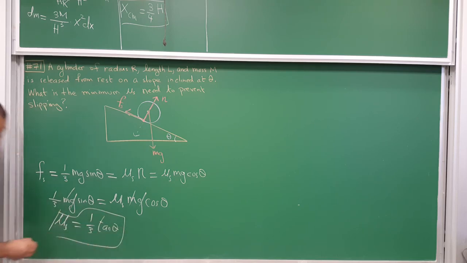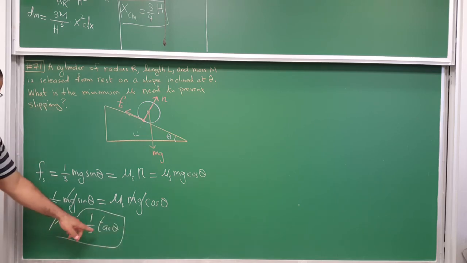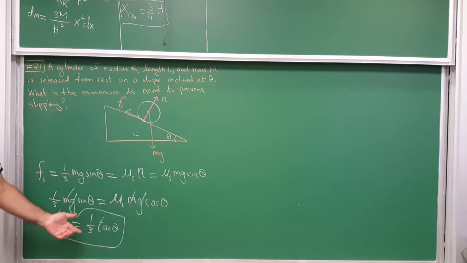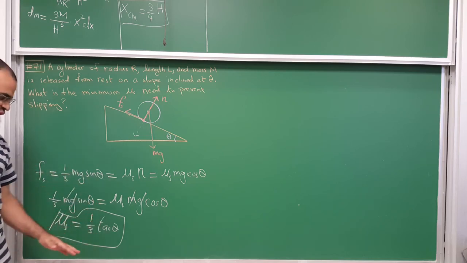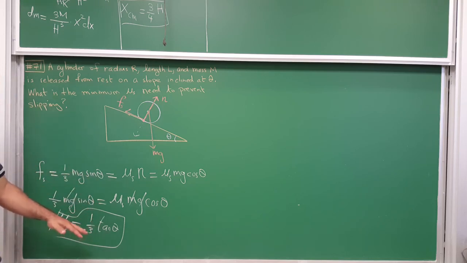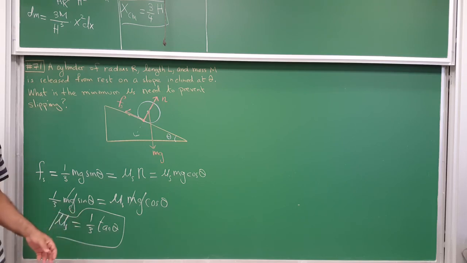So if you chose an angle, and μs happens to be 1/3 of the tangent of that angle, then you're about to slip. If you increase the angle a little bit, then μs will be less than 1/3 of the tangent of that angle, and so you have reached the maximum friction, but you can't keep up with this, and so it will start to slip. So that is the answer.